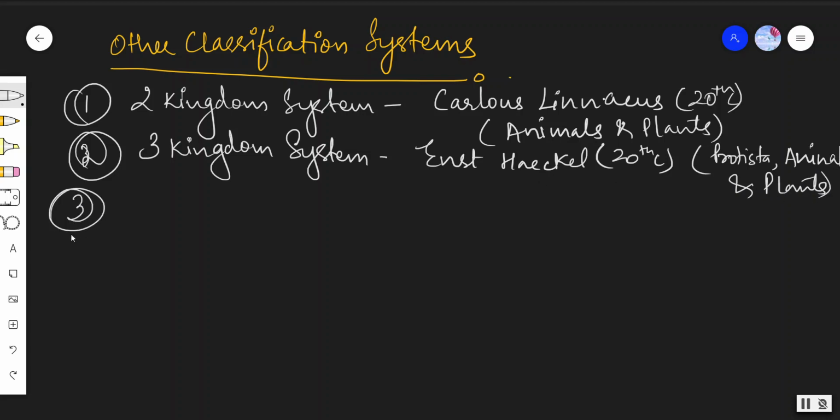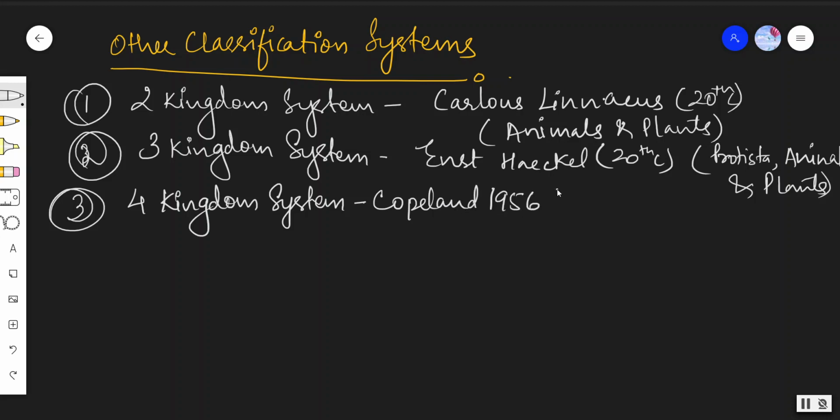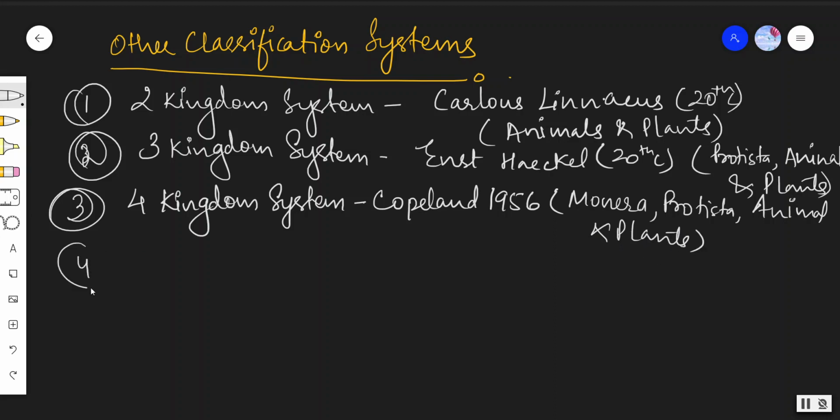Third, the four kingdom classification, given by Copeland in 1956. He divided organisms into Monera, Protista, animals and plants. Then comes the five kingdom classification, which we are going to discuss in our next video.